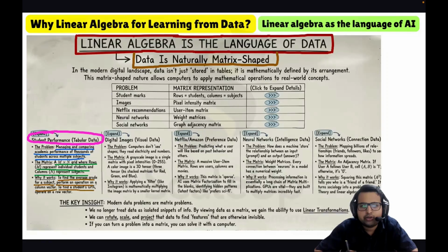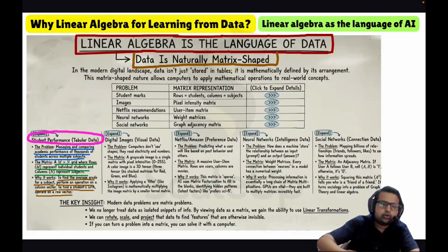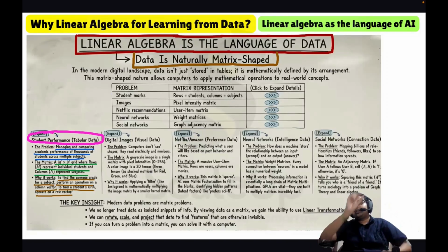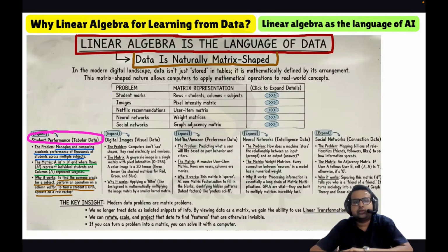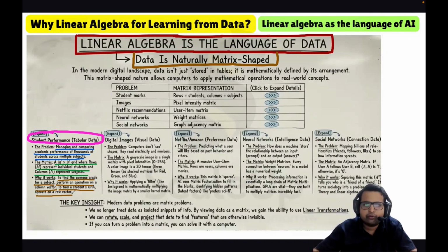To find a student's GPA, operate on a row vector. So in this matrix, the row vector will give us the performance of a particular student, and the column vector will give us the performance of the entire college for a particular subject. So that can be a very powerful tool.